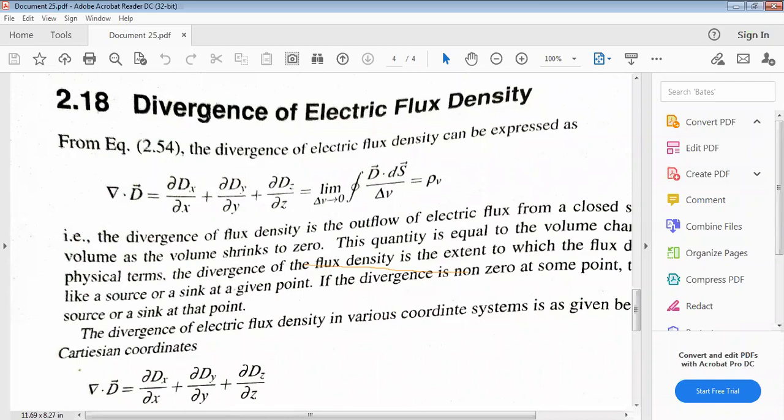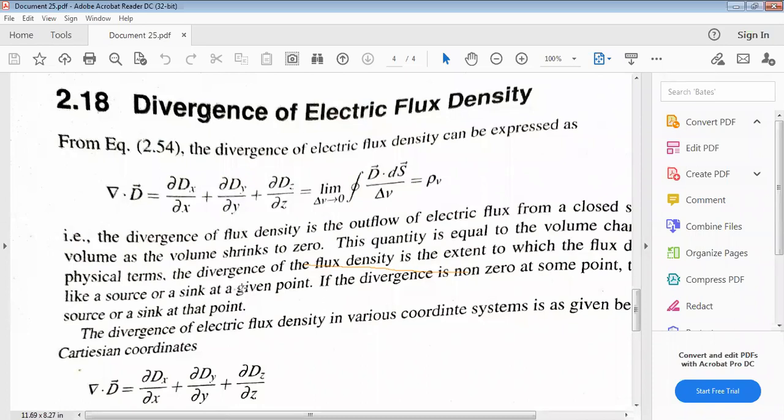The divergence of the electric flux density is expressed as del dot D equal to dou Dx by dou x plus dou Dy by dou y plus dou Dz by dou z, which is the limit as the net volume tends to zero of the closed integral D dot dS by delta v, equivalent to the volume charge density rho v.